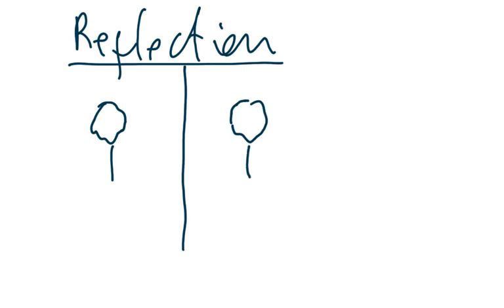Now, with a reflection, there are 2 things that must happen. One, there must be a reflection line.